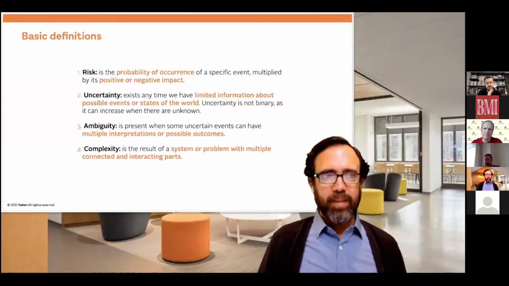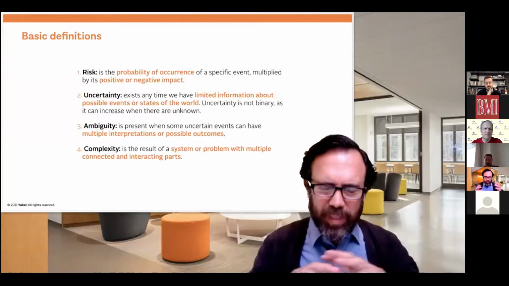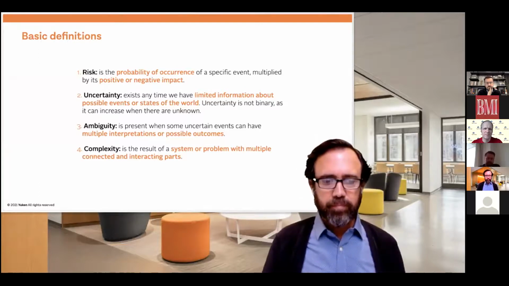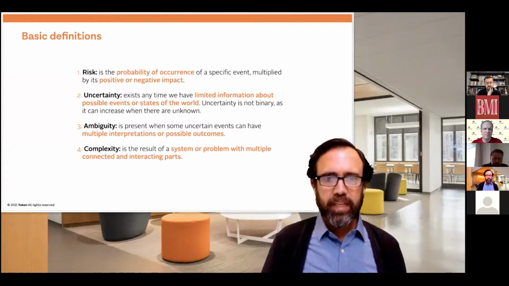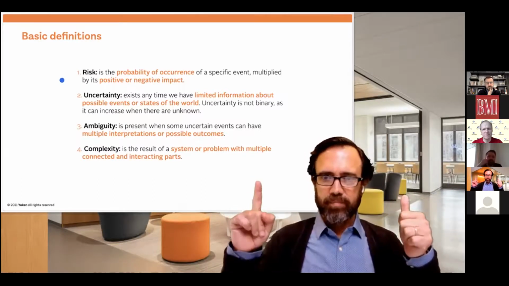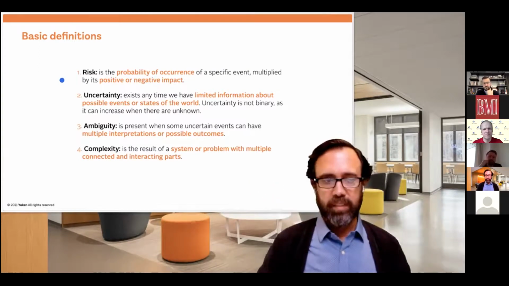There are 4 different things that sometimes have the same or a similar effect. First, risk is something that we understand as a combination of 2 things: likelihood and impact. The combination of the 2 allows us to calculate risk.